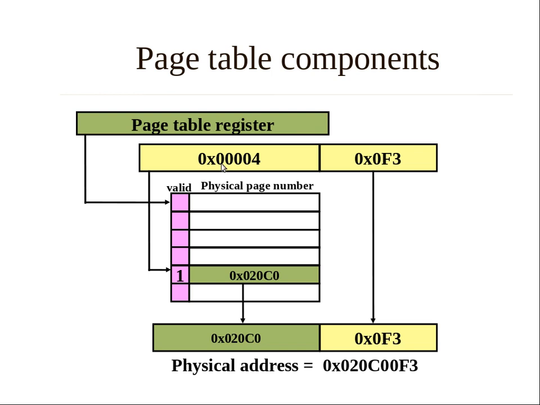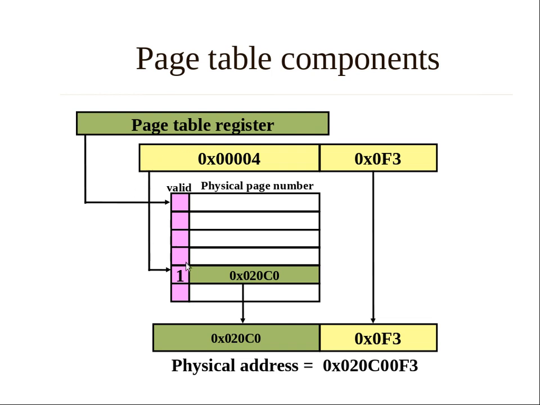Let's say you want to load a memory address inside my program, 00040F3. Your program is hard-coded to load this address at this point. That's how it is. The hardware and the operating system combine, say, okay, well, we're going to chop off this section, send it over here, because that's just like the block offset or the page offset.